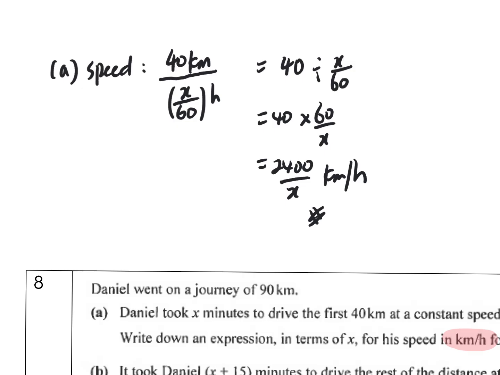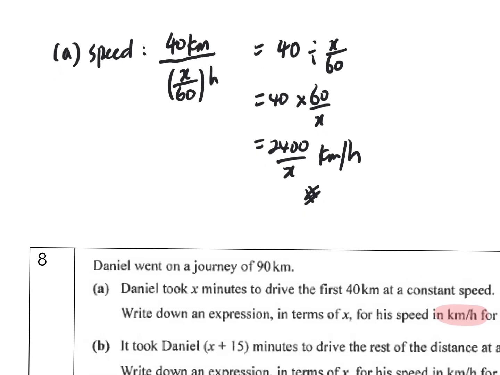Okay, then second part, it says Daniel took X plus 15 minutes to drive the rest of the journey. So what is the speed for the second half? Same thing. Distance left is 50 kilometers now because the total is 90, right? And then the time taken is X plus 15, but you have to convert it to hours.